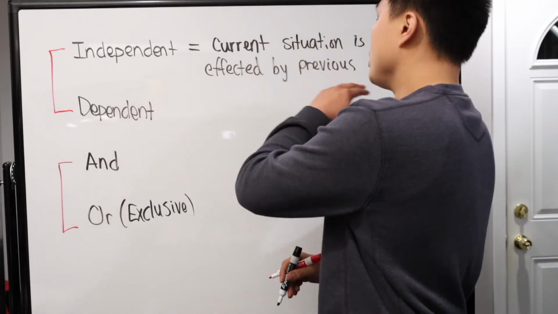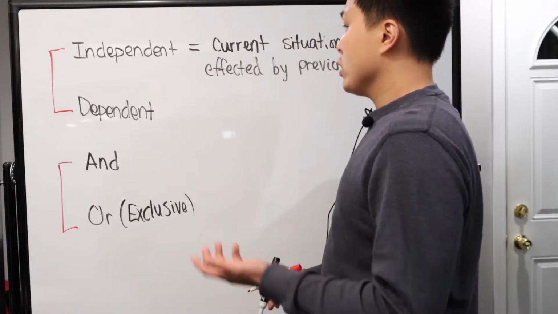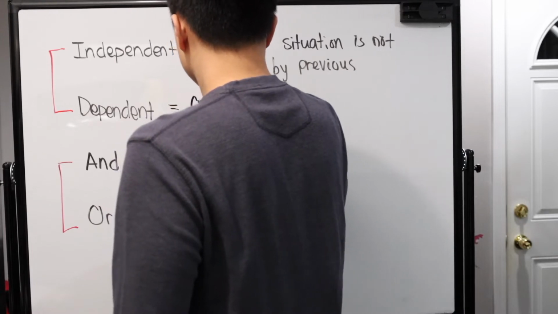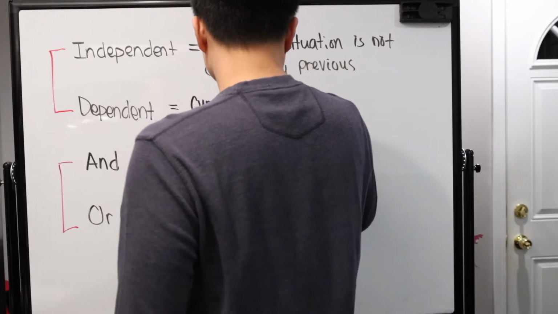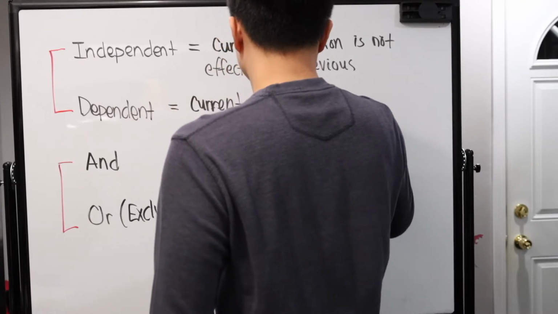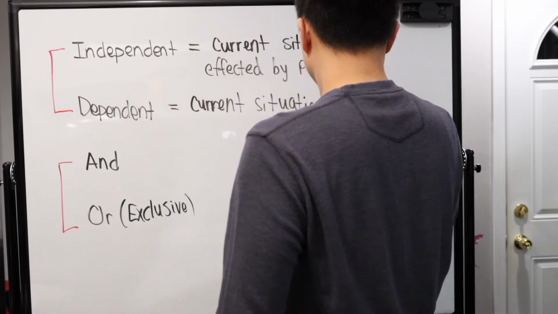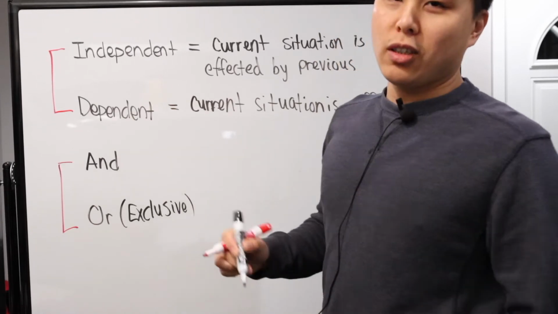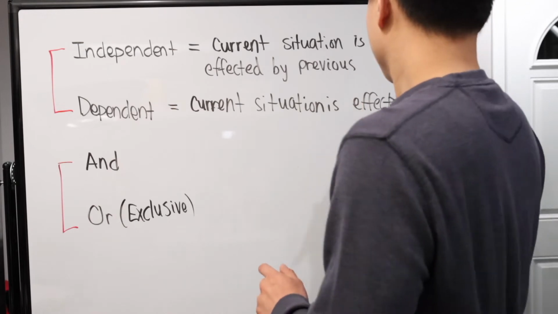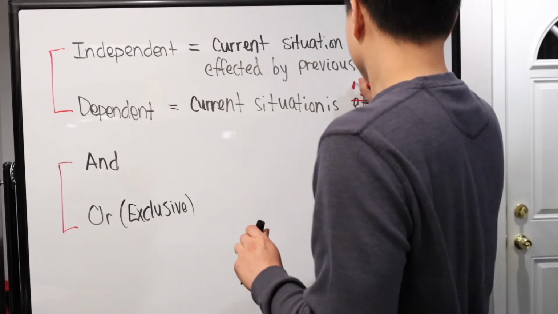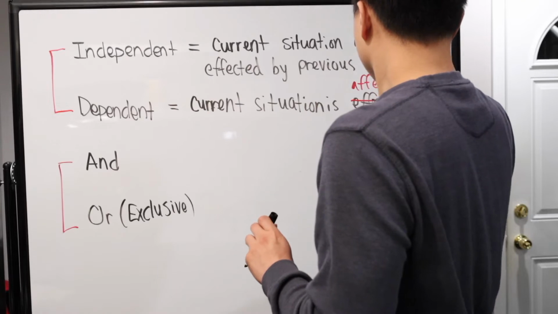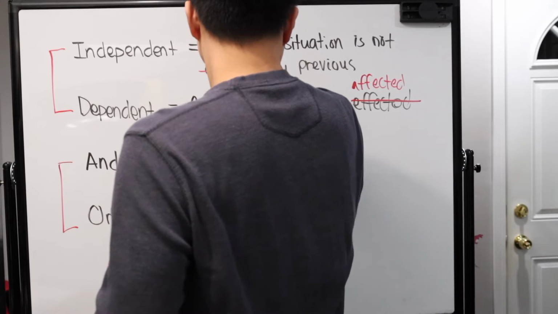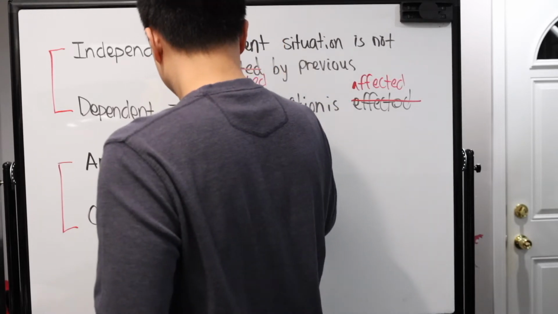The current situation is not affected by the previous one. So you can guess that dependent means that the current situation is affected by the previous situation.